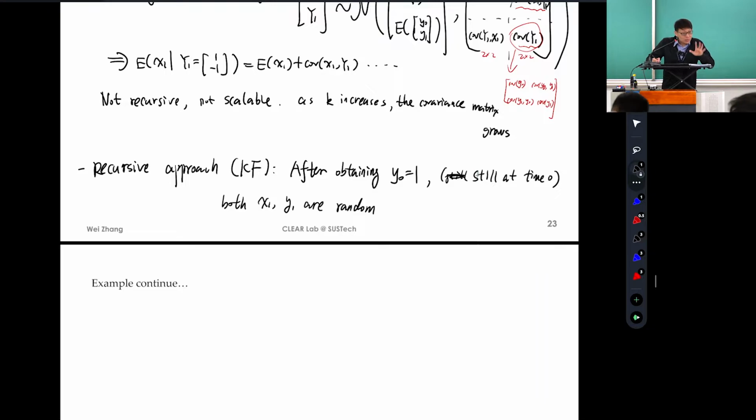So both x1 and y1 are random. Can you see that? Of course they're random. What's their distribution? Both are random and jointly Gaussian, because a conditional Gaussian is Gaussian. X1 and y1 are jointly Gaussian, and conditional on y0, they're also jointly Gaussian.